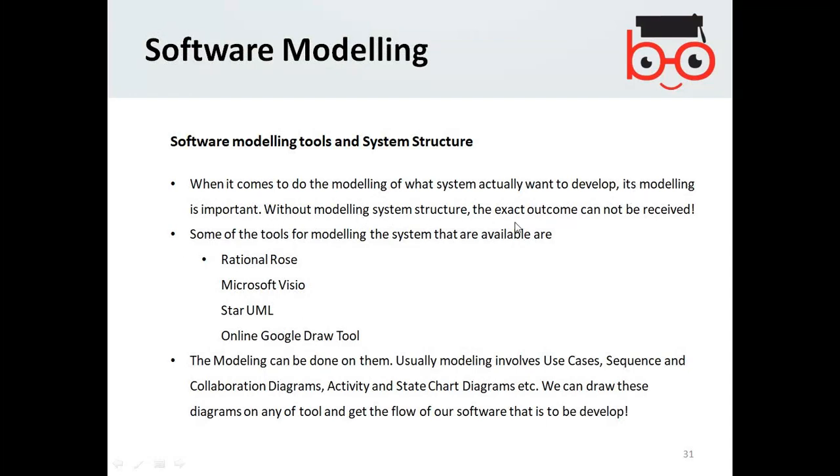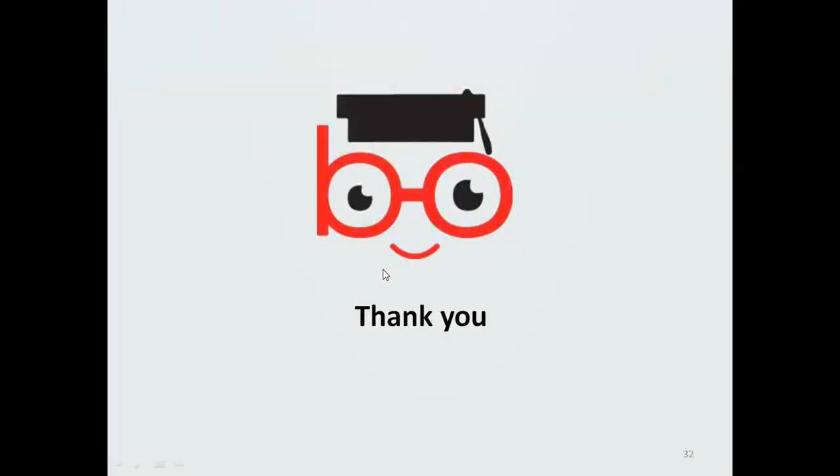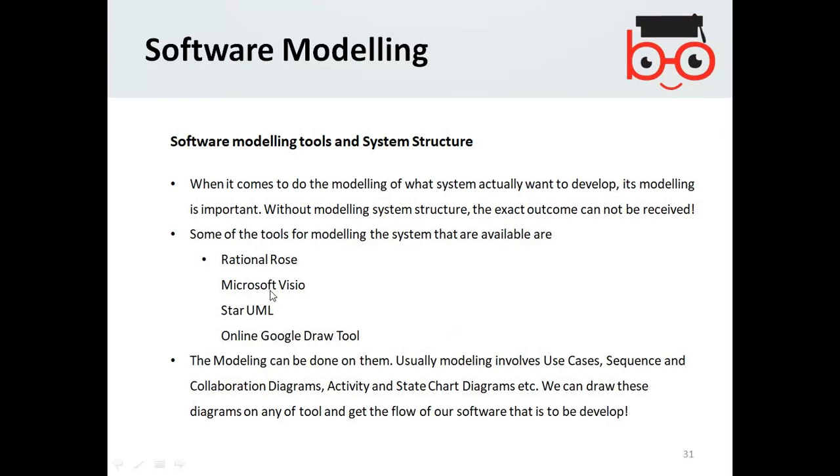Without modeling the system structure, the exact outcome cannot be received. So Rational Rose, Microsoft Visio, StarUML, the online Google Draw tool, these tools help you to draw pictures of the system, of your design, of your software architecture.